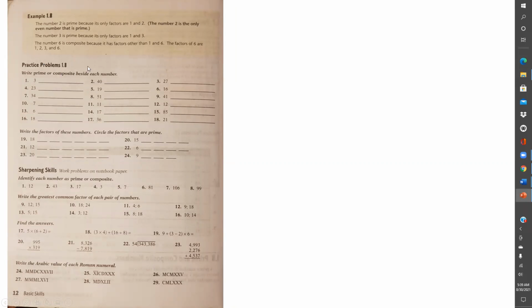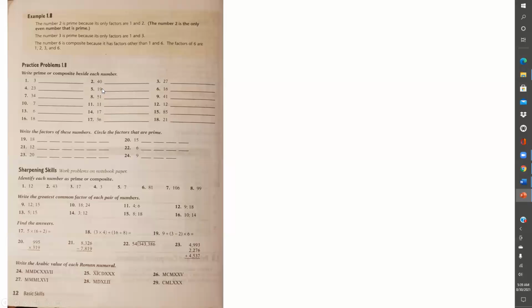So now they have a list of numbers and they're going to ask that we classify it as prime or composite. So you would take a look at the number. For example, we've got the number 40. Well, because 40 could be made with 4 times 10, it is not prime. We would put composite in your notebook, because again, we're not writing in the book, we're writing on paper.